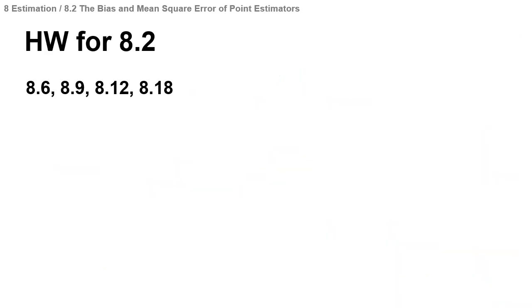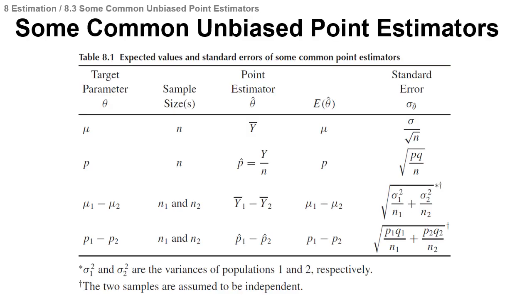Homework for chapter 8.2 is these. In chapter 8.3, we will talk about some common unbiased point estimators. And actually, the ones described here are used a lot, so they're worth knowing.